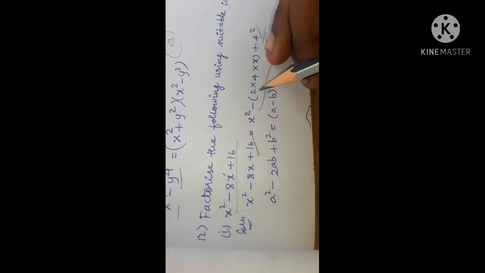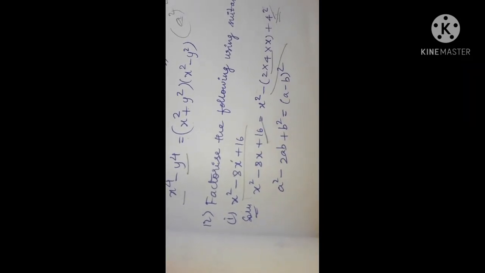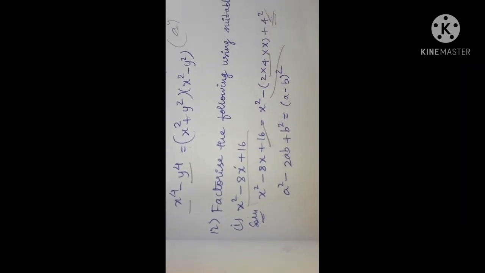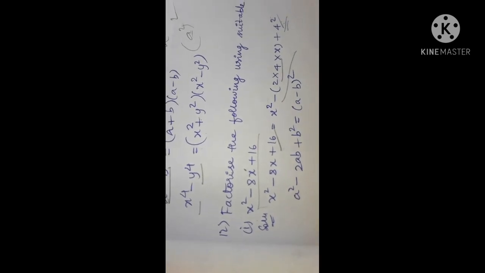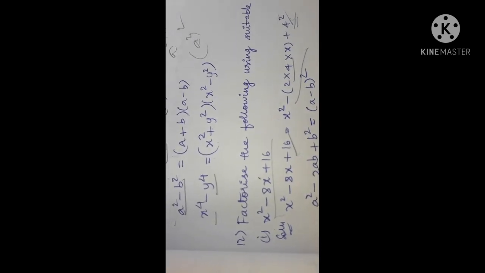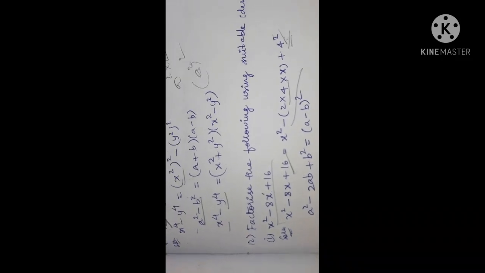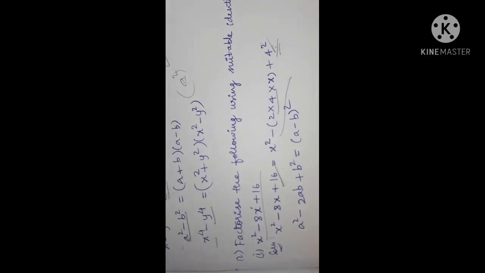So the middle term should be a combination of the first term, the last term, and also 2 should be included in it, right? Because in (a plus b) whole square or (a minus b) whole square, the middle term is 2ab. So we'll bring 2 there, and also the first term and the last term. You should also look at the sign of the middle term.